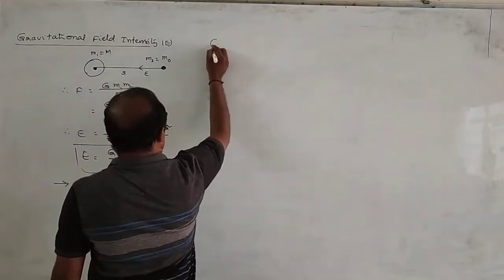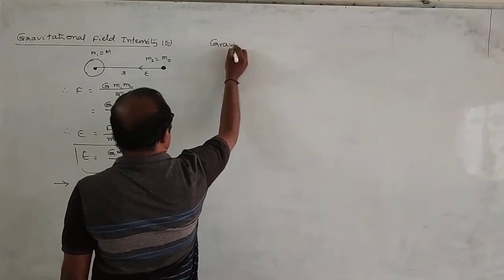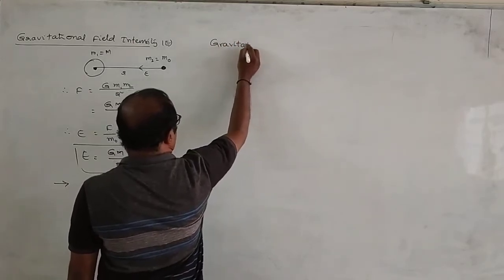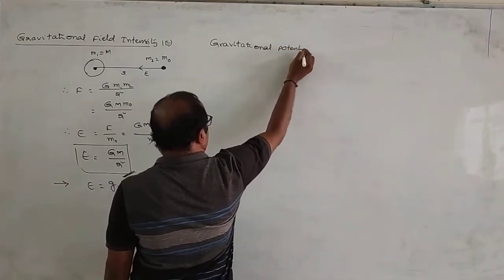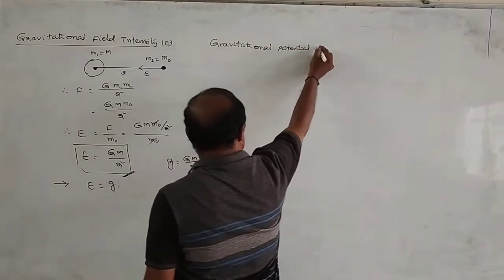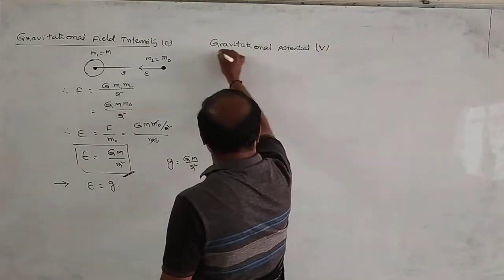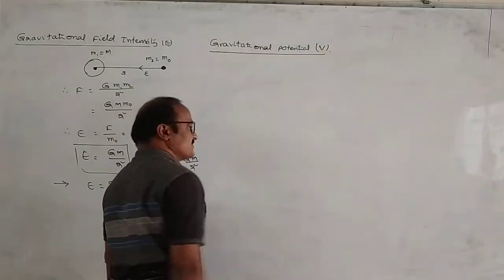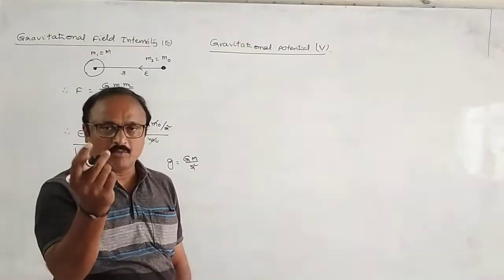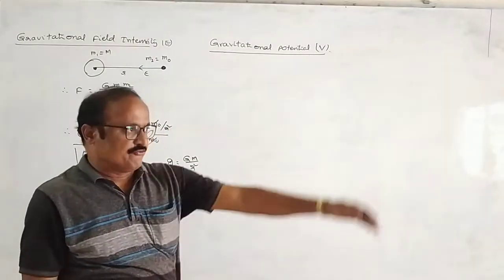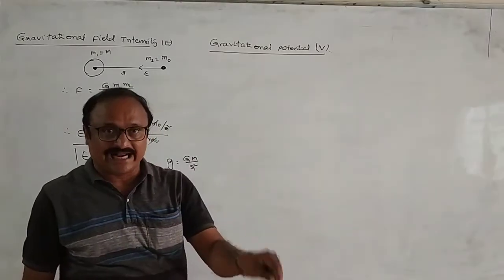Next one, what is meant by gravitational potential? Gravitational potential is represented by V, and this can be defined as the total work done in bringing a body of mass 1 unit from infinity to a point in the gravitational field.